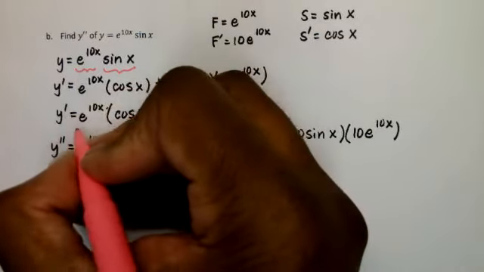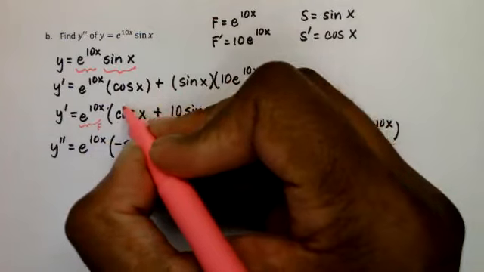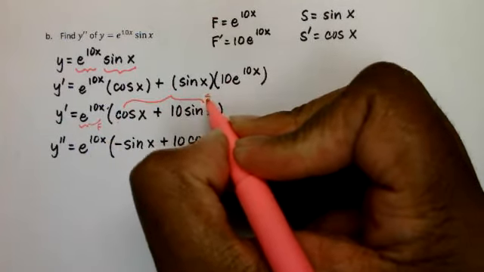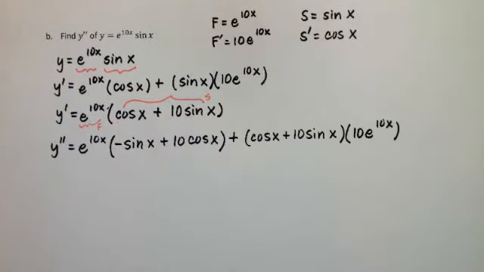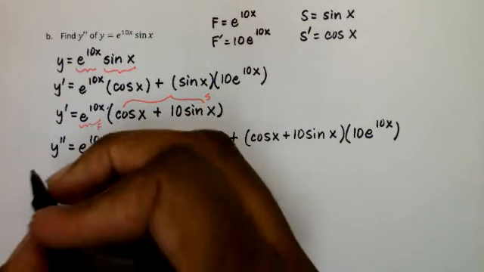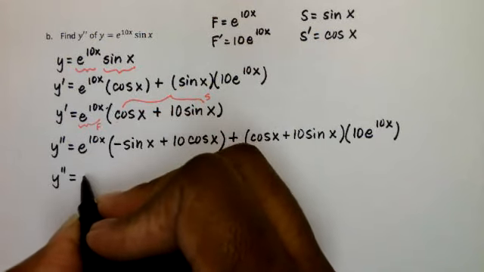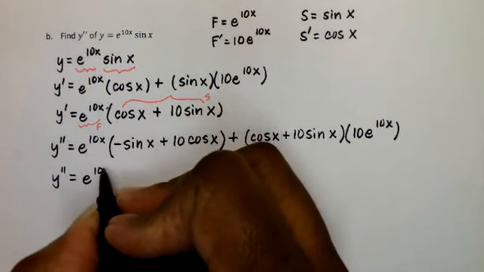Okay, so pretty much I'll let that be the first and this right here be the second. Now let's factor out that e to the 10x in this expression right here. So I'm pulling out the e to the 10x as a common factor.